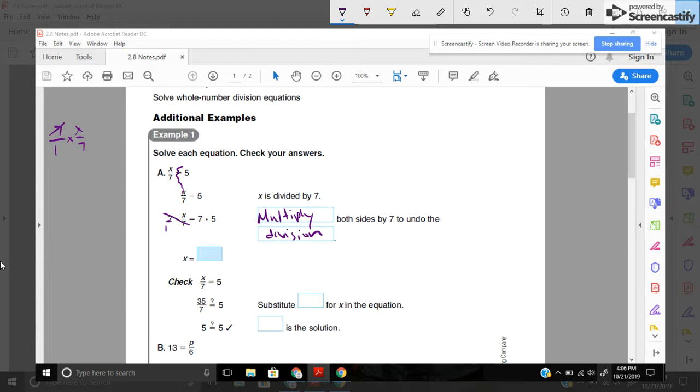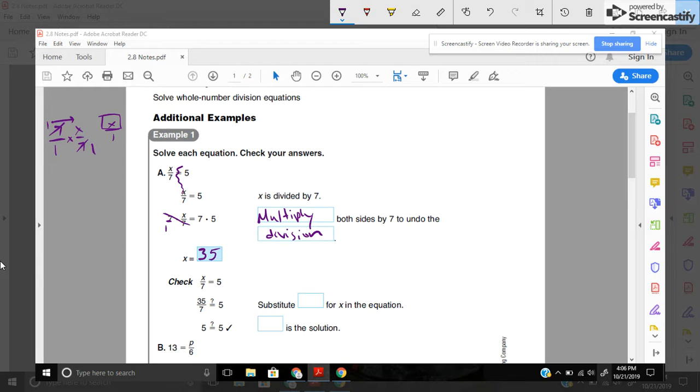You can simplify these by dividing by 7. So across, 1 times x is x, over 1 times 1 is 1. Anything over itself is 1. So that's why I'm just left with x here, and that's why it cancels out. And on the other side, 7 times 5 gives me 35.